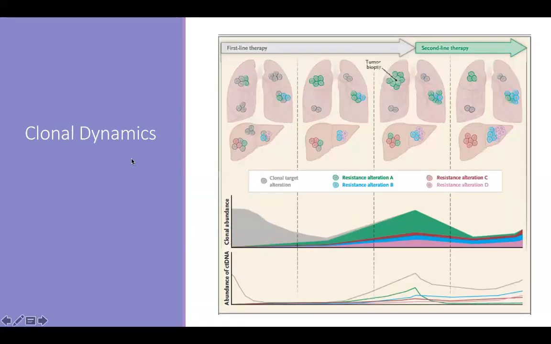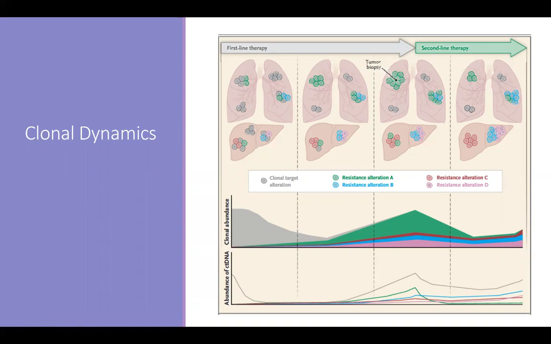So this schema represents the change in clonal dynamics. Here you can see different clones are colored in different ways, and they change over time as different therapy selection pressures are applied.